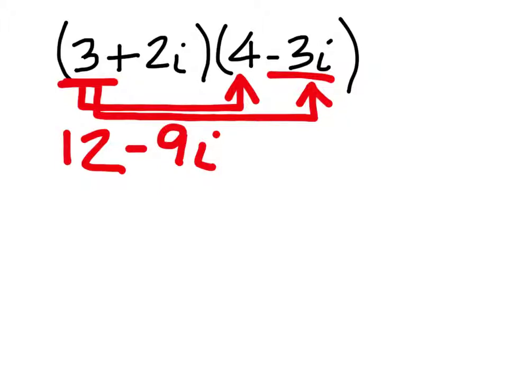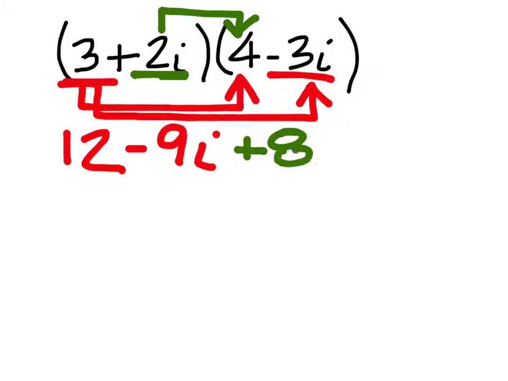Now once you've done those two steps, you're finished with the 3. You have to move over here to the 2i. So you're going to do 2i times 4. So that's plus 8i. And then stay with that 2i and multiply it by the minus 3i. So 2 times a negative 3 would be negative 6, but you have i times i.